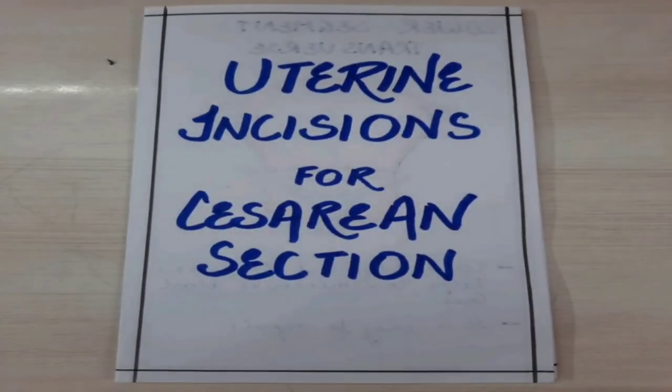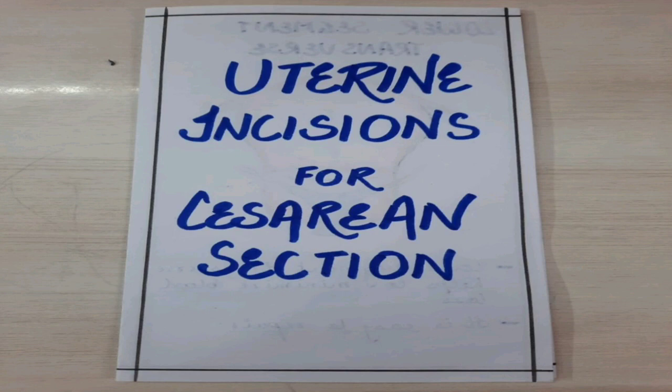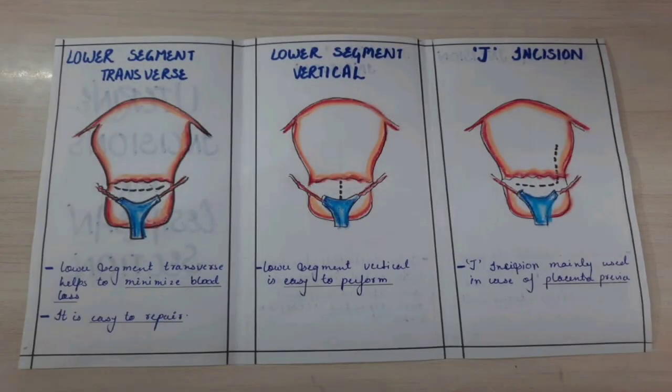Uterine incisions for caesarean section: the cut or incision could be made depending upon the condition. First one is lower segment transverse. In this, it helps to minimize the blood loss and it is very easy to repair. Next one is lower segment vertical. In this, a vertical incision is made and it is very easy to perform. Next is the J-shaped incision. J incision is mainly used in the case of placenta previa.